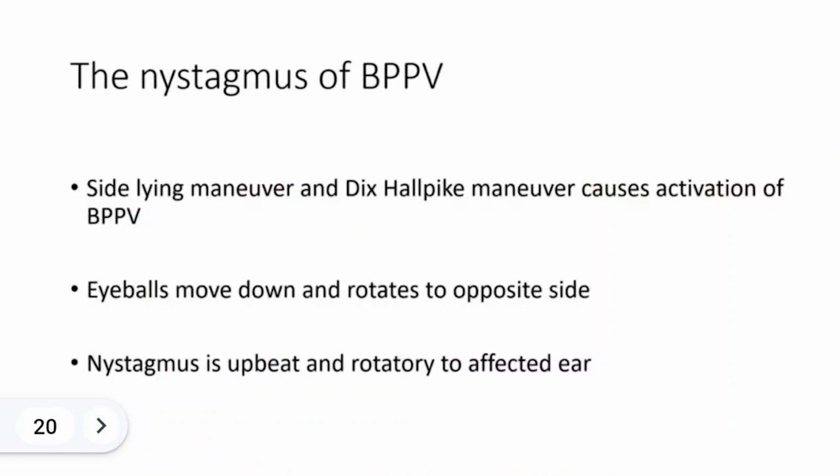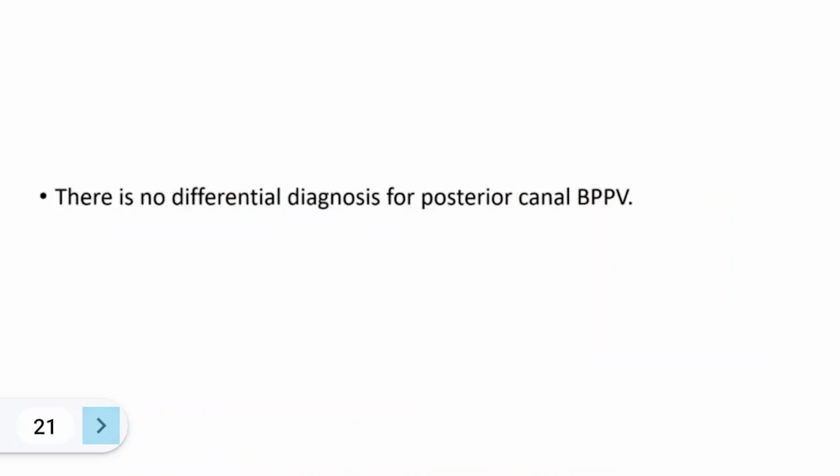Stimulation of the posterior semicircular canal of the diseased side causes movement of the eyeballs to the opposite side and in the downward direction, along with nystagmus presenting in the upward direction. See, here the diseased part is lying downwards, so there will be movement of eyeballs to the opposite side in the downward direction, but the nystagmus is presenting in the upward direction.